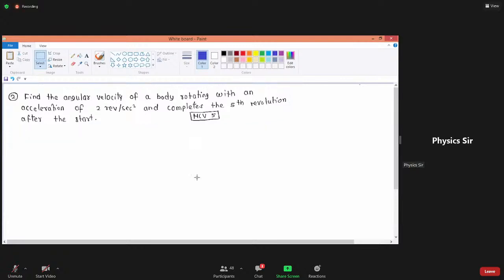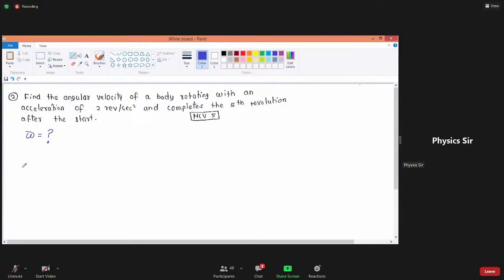दिख रहा है सबको? Find the angular velocity of a body. This is HCV 5, मतलब HC वर्मा सर के बुक का सम नंबर 5. So this is find the angular velocity of a body. I have to find the value of omega.